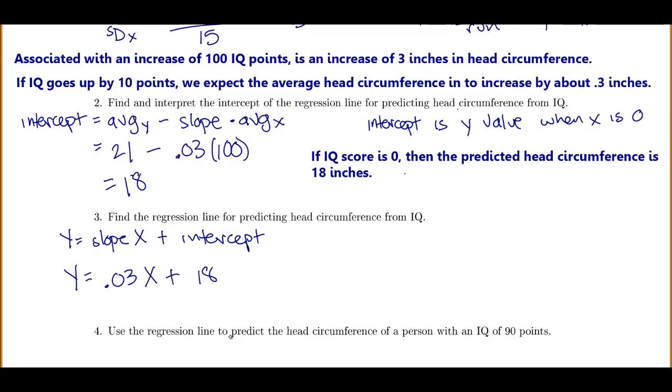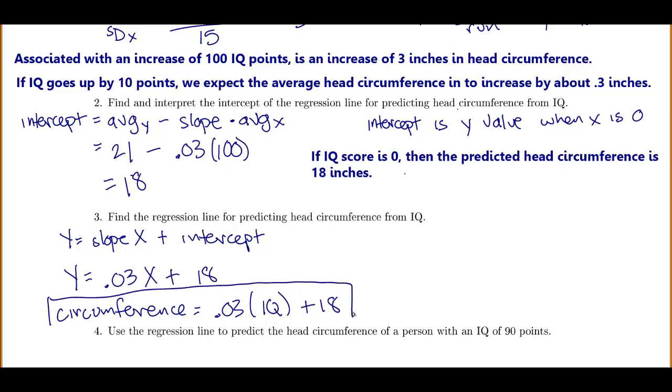And again, you can write it in context: circumference equals 0.03 times IQ score plus 18. Writing it in context just helps us further on when we're trying to predict.